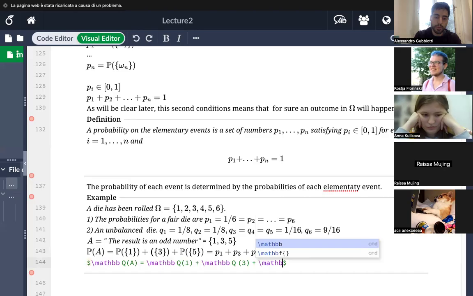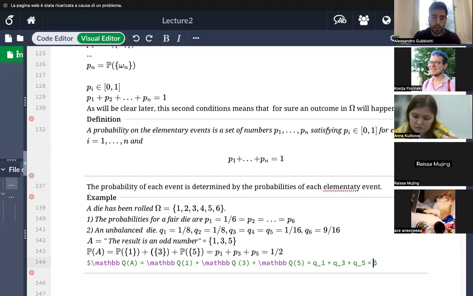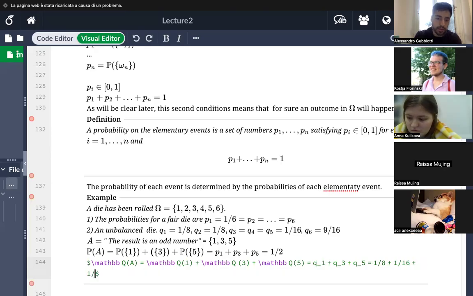So it's the sum of the probabilities of getting 1, 3, or 5, which are the elementary events that compose A, and this is equal to Q1 plus Q3 plus Q5, which is equal to 1 over 8 plus 1 over 16 plus 1 over 16.